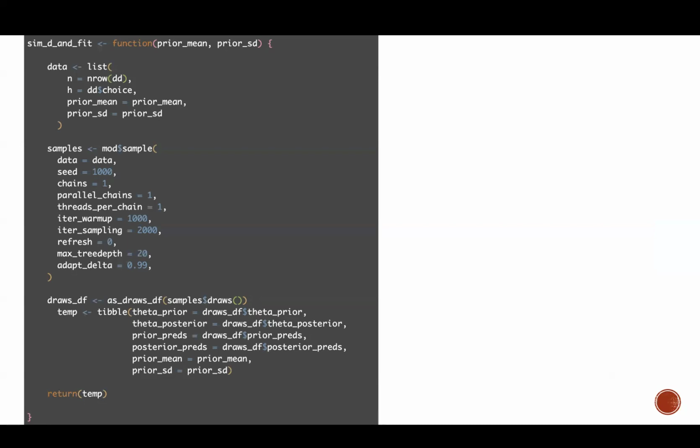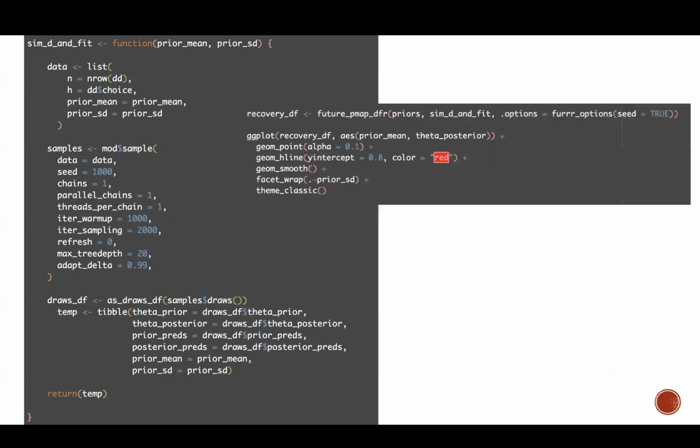It samples the model, extracts the posterior samples from the model, and saves them in a table: the theta prior, the theta posterior, the prior predictions, the posterior predictions, the prior mean, the prior standard deviation. And then it returns that table, which means we can feed it to a parallelizing function, which is the future_pmap.